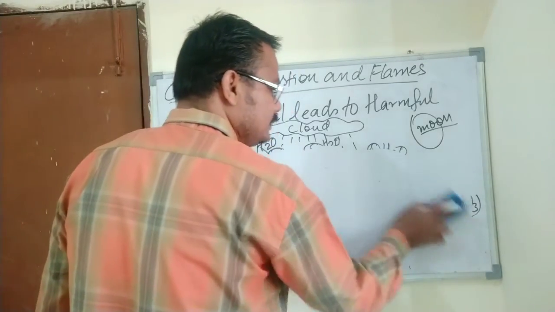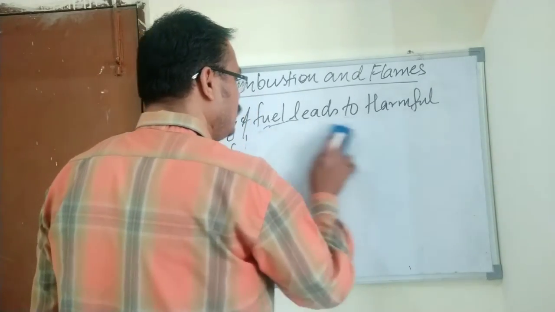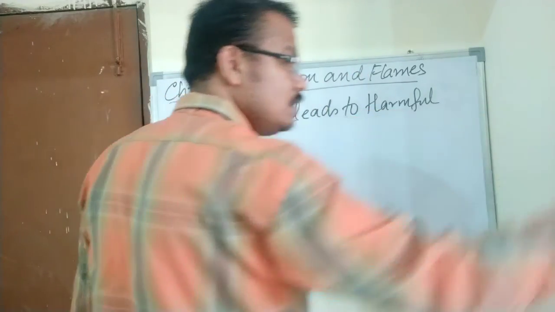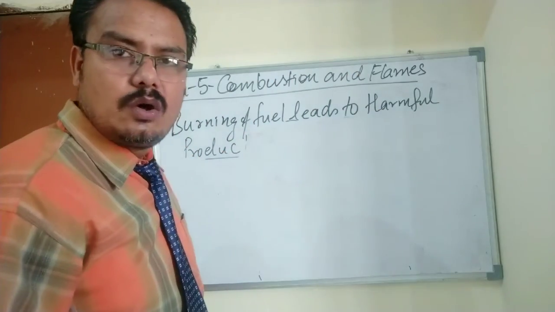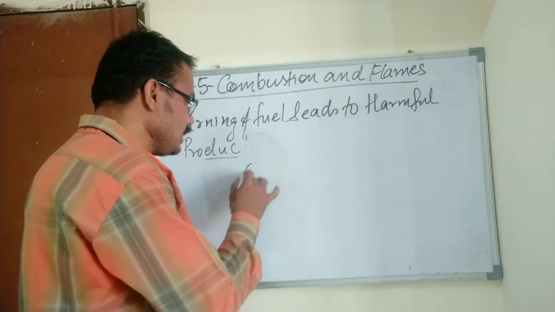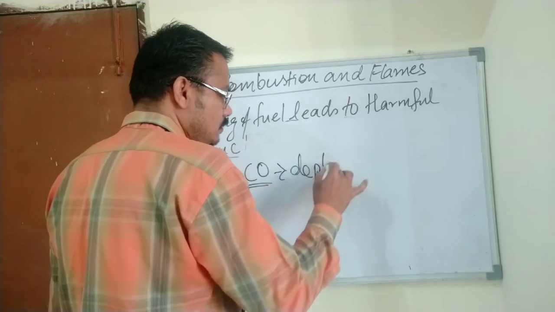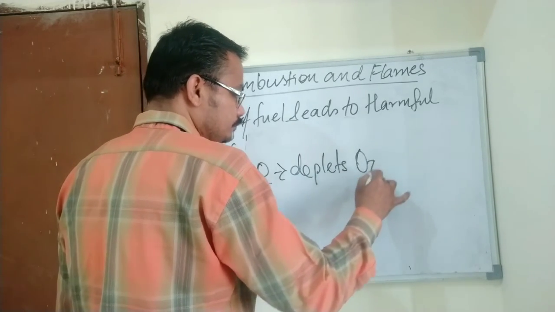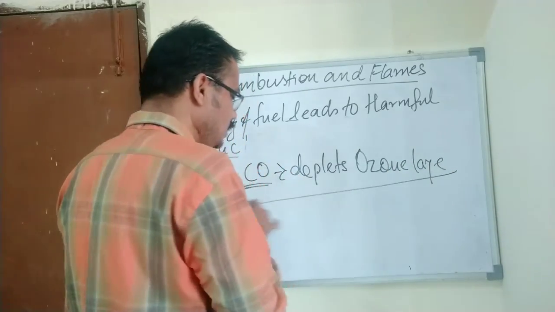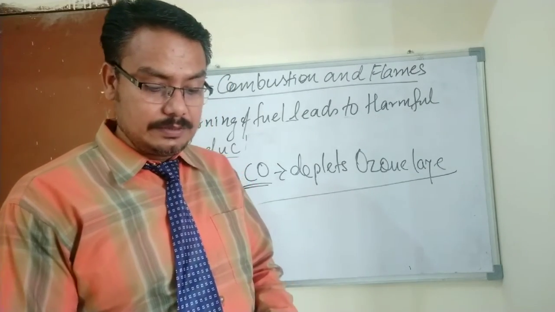carbon monoxide, which gets released, depletes the ozone layer. This is also a harmful gas. Carbon monoxide depletes the ozone layer. That is also a harmful gas that affects the environment.